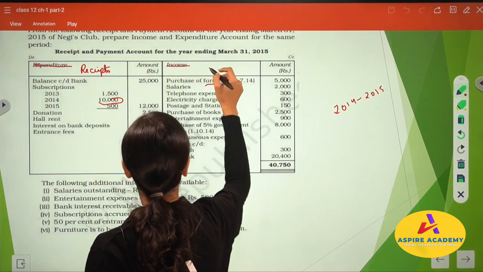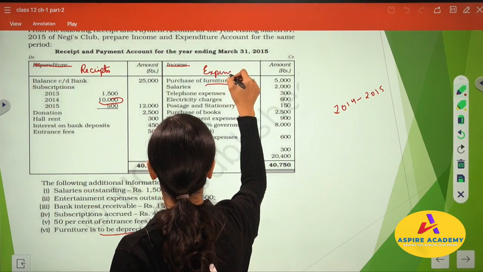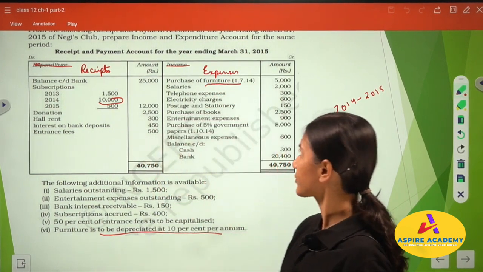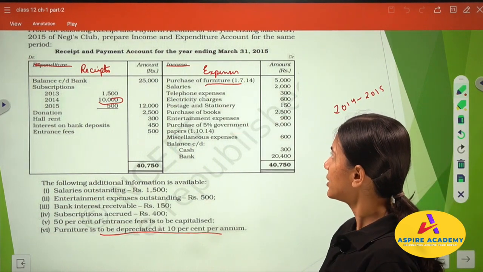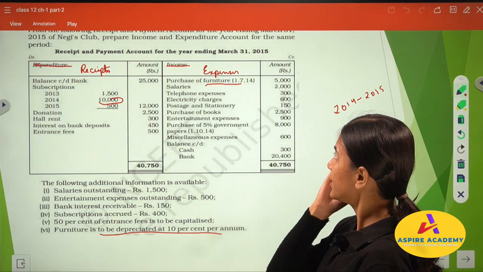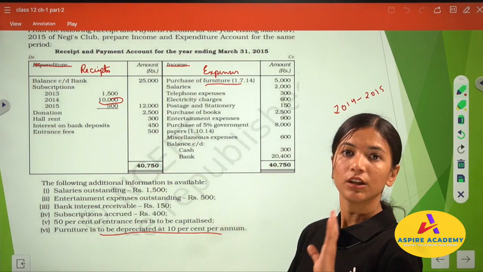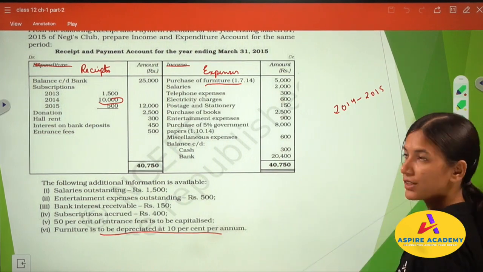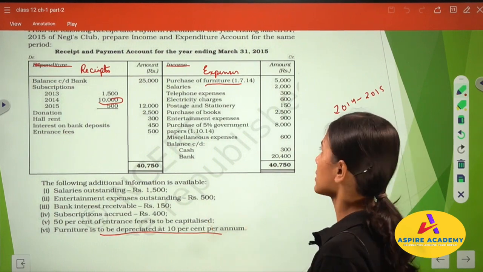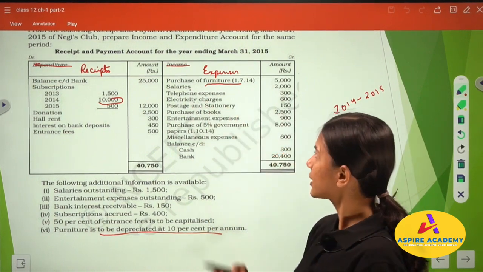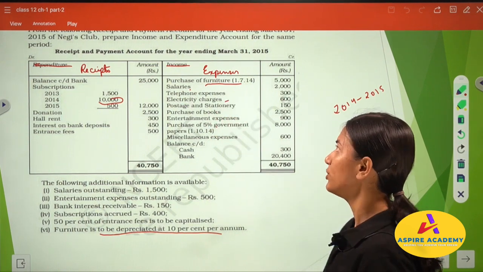The purchase of furniture is one expenditure, but that is of capital nature, so this would not be shown on the income and expenditure account because this is the purchase of a fixed asset. Then salaries, telephone expenses, electricity charge. All such things will be shown.